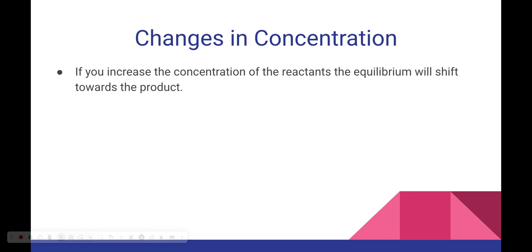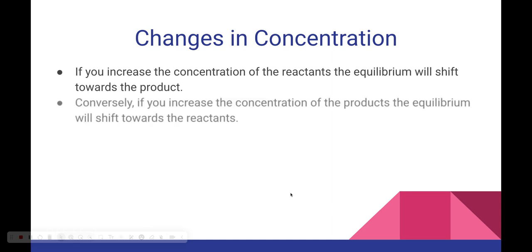So it will shift towards the products. Again, I increase the concentration of the reactants, and the equilibrium responds by shifting towards the products. And conversely, if I increase the concentration of the products, my equilibrium then immediately shifts back towards the reactants.